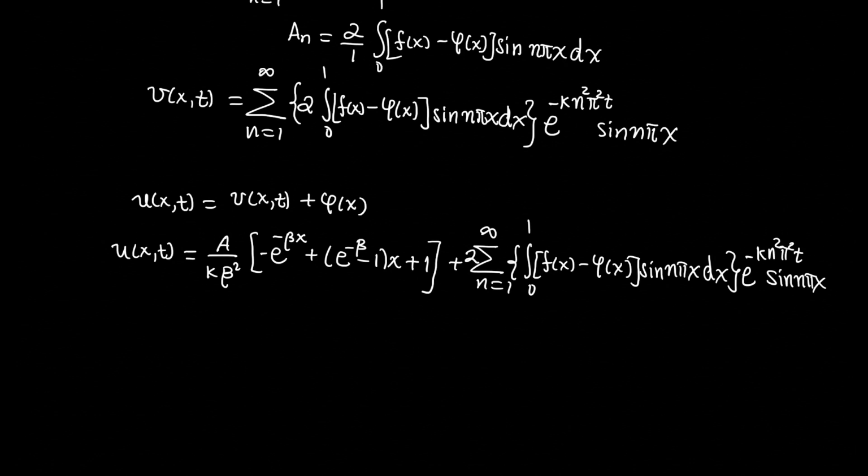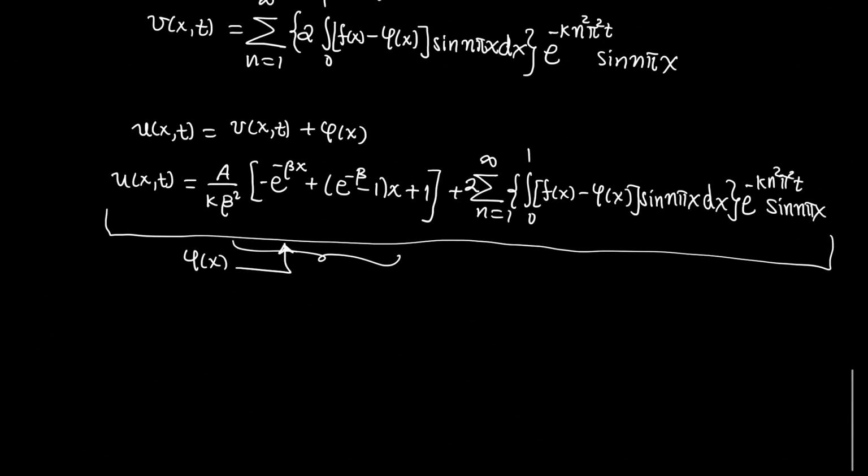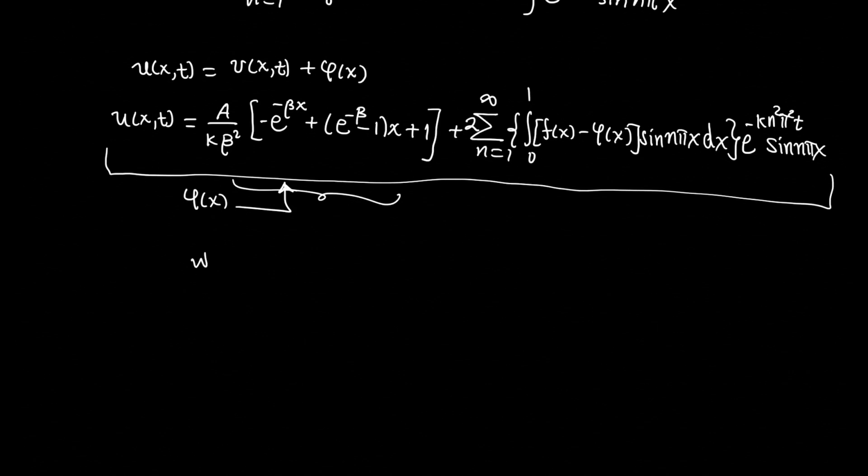So this is your solution, where phi x, this first term here, you also include it there. The solution is actually a very long expression. You can see that when t goes to infinity, after a very long time, the exponential term here goes to 0.